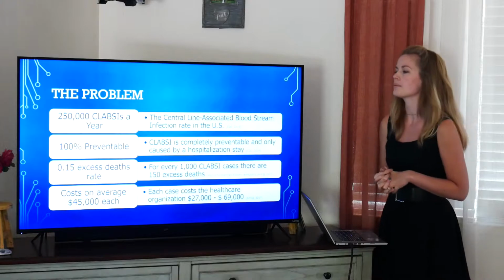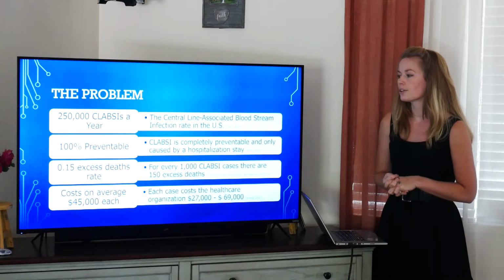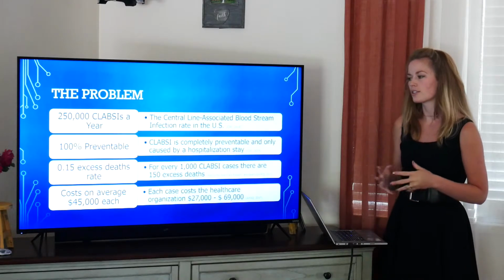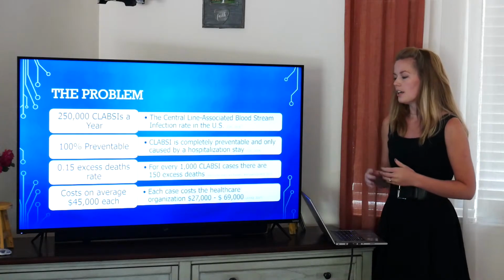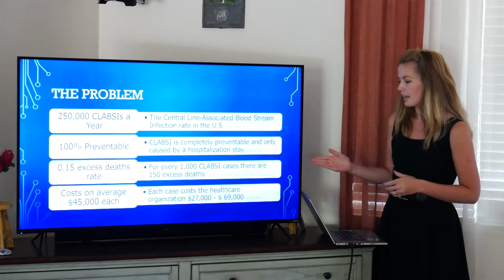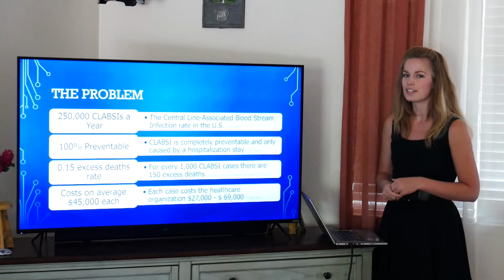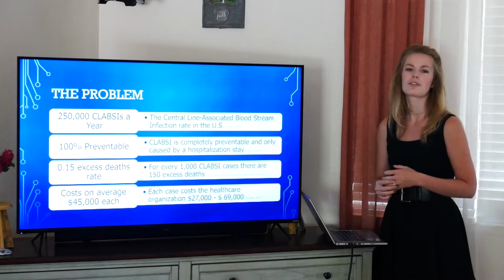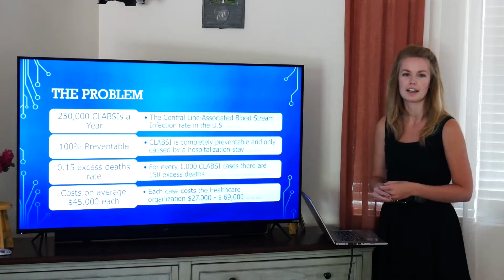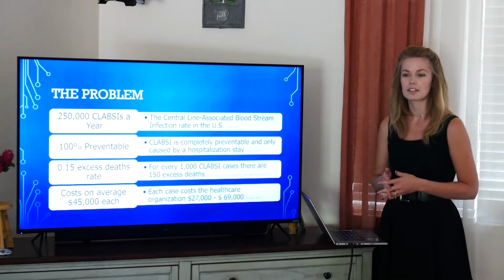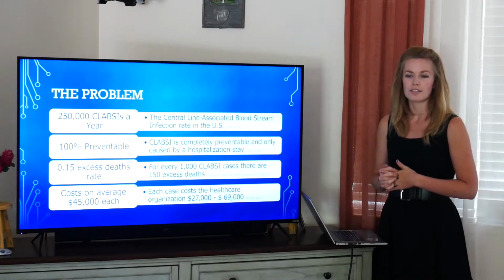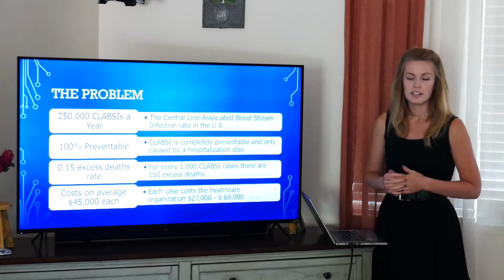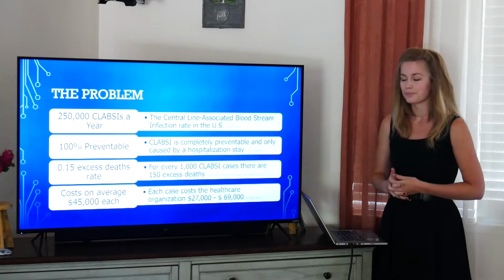Each time a CLABSI occurs, there is a 0.15 excess death rate associated with it. So what that means is, for every 1,000 CLABSI cases, there are 150 excess deaths. Another way to say this is that for every 1,000 CLABSIs, 150 people are going to die as a fact of just having an infection in their central line who otherwise would not have died.